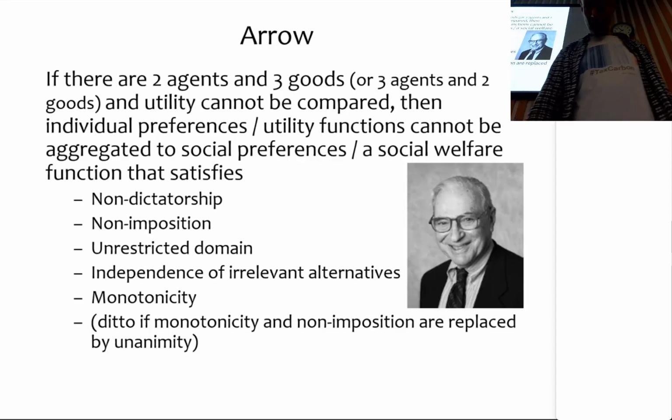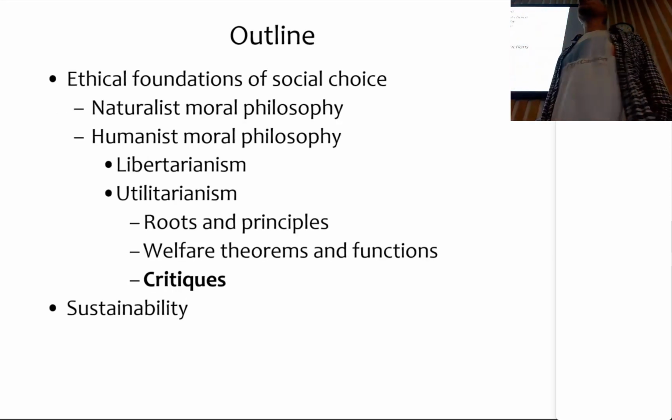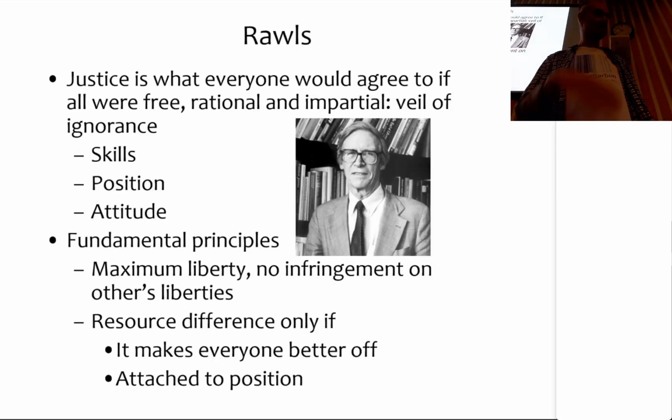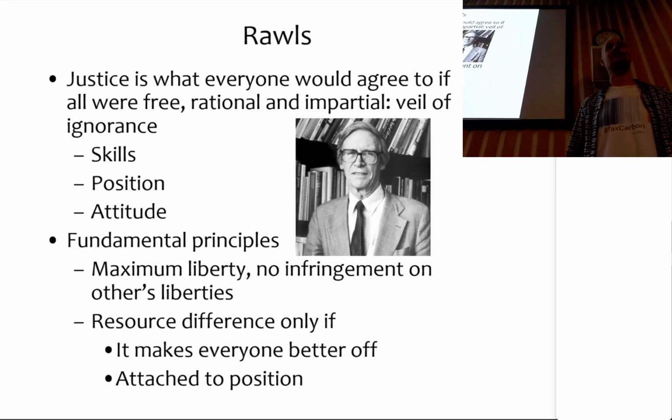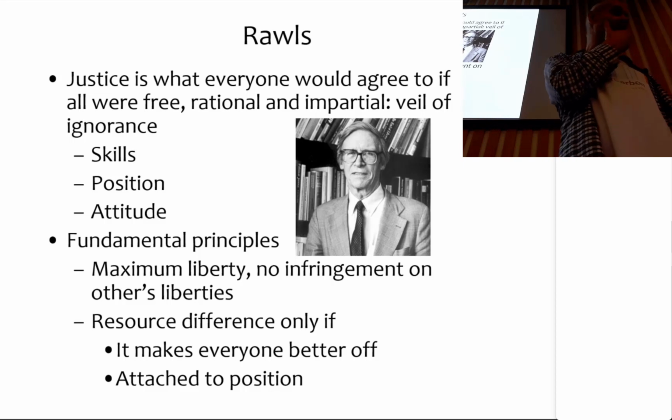So much about social welfare functions. I talked a lot about utilitarianism last week. We started in the seminar on the critiques of utilitarianism. Of course, there's many. One of the main ones that we talked about last week in the seminar is by John Rawls.